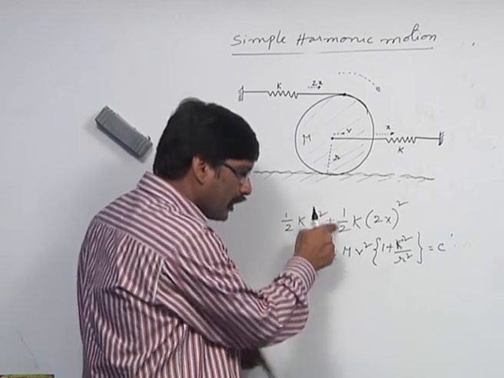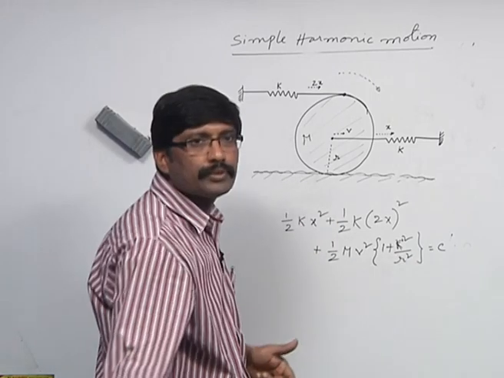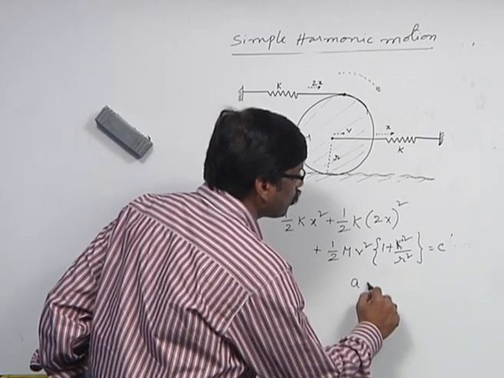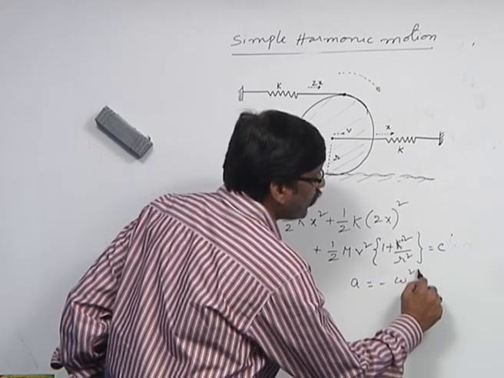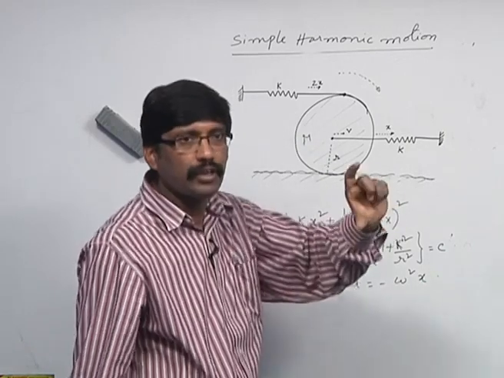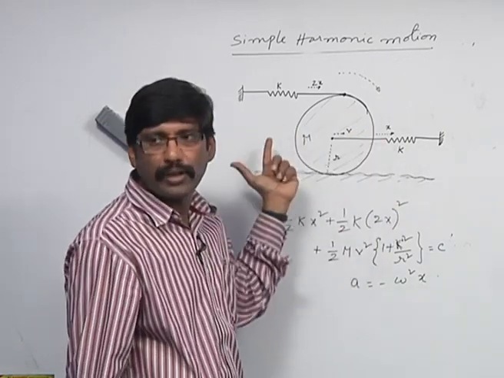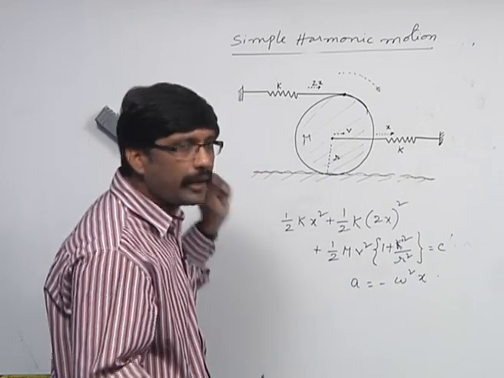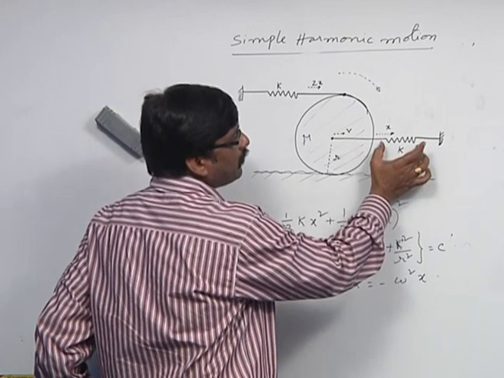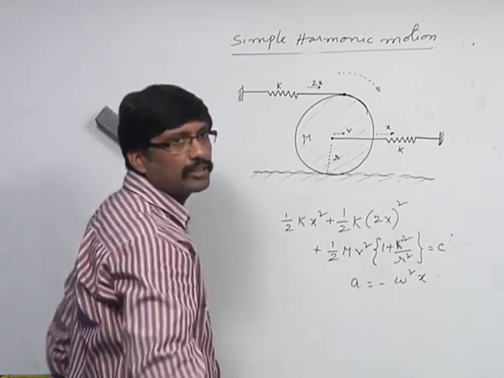You differentiate both sides with respect to time. From that, you prove that a is equal to minus omega square x, and find the omega value. That is the angular frequency of SHM. From that, you can find the time period. And one of the key points you have to observe is, if x is the extension of the spring, 2x is the extension of the other spring.